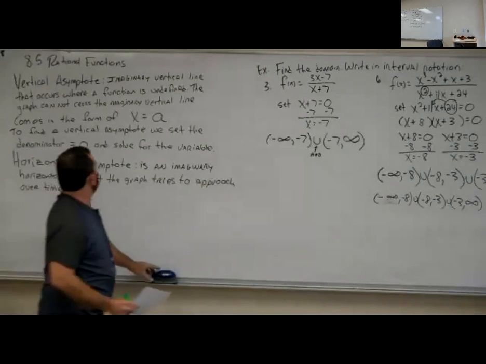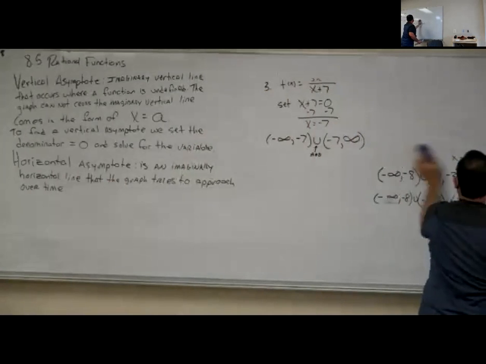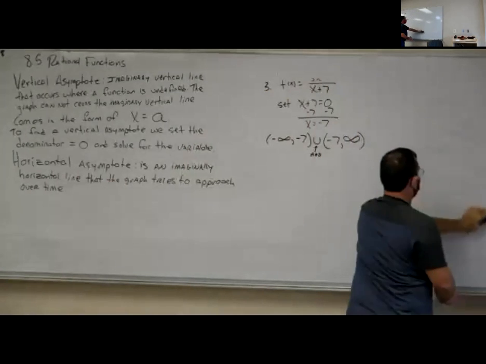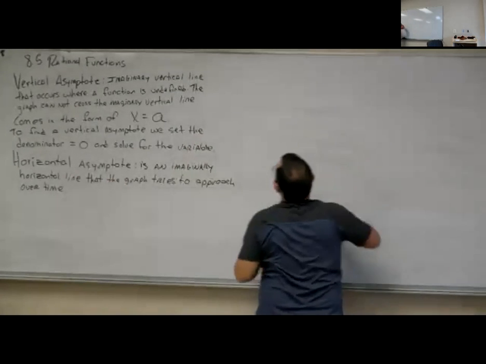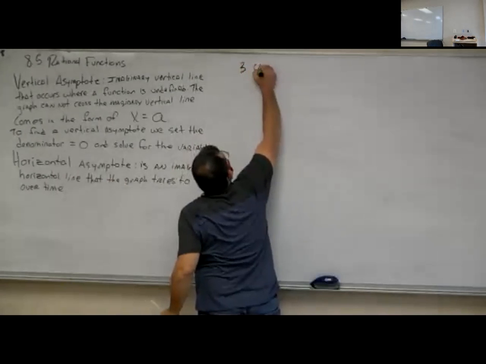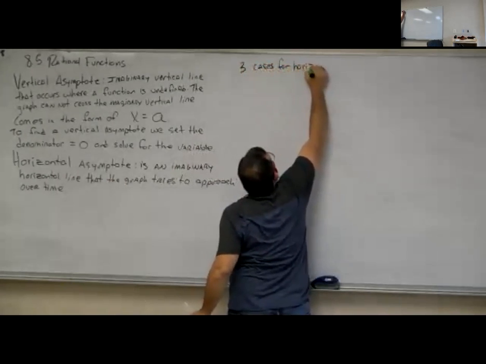I got 3 cases for a horizontal asymptote. All right, so these will be 3 cases for horizontal asymptotes.